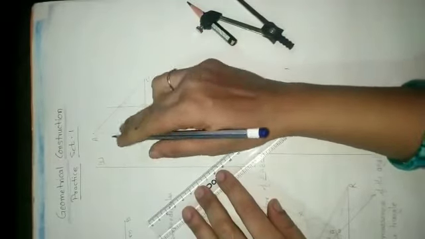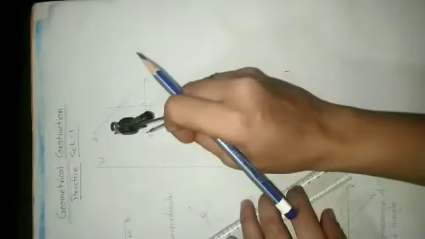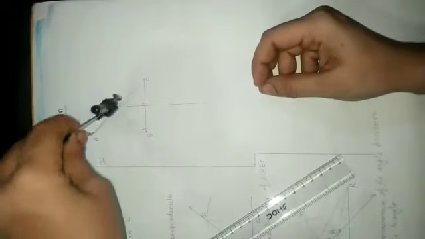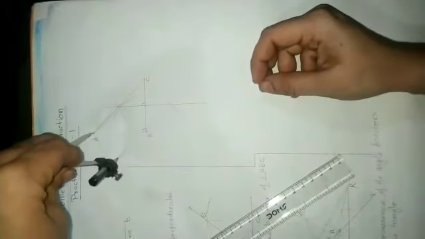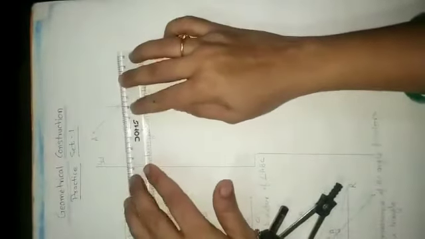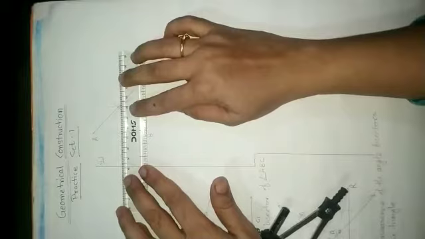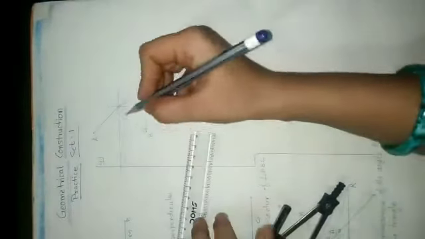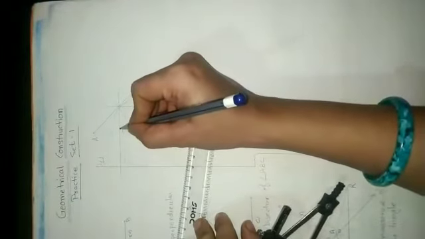Now in a similar way draw the perpendicular bisector of AB. Take more than half of AB, one arc here, one arc here. Okay, this is the perpendicular bisector of AB.